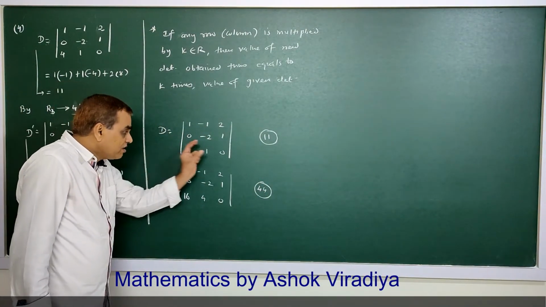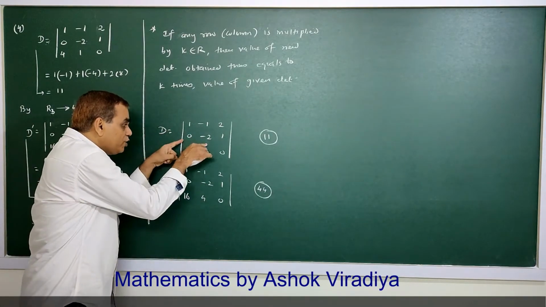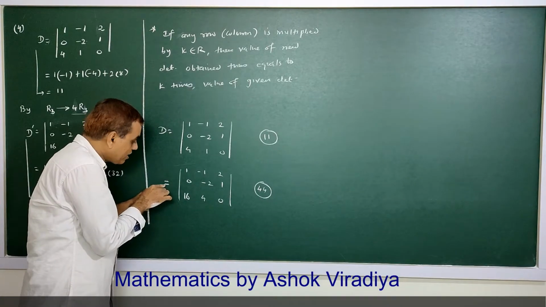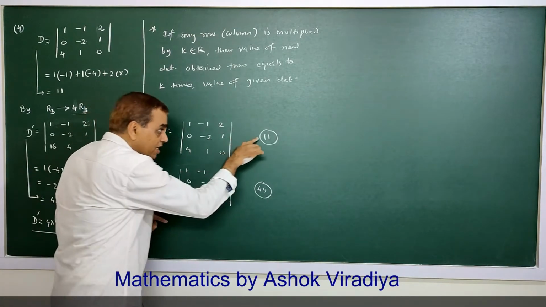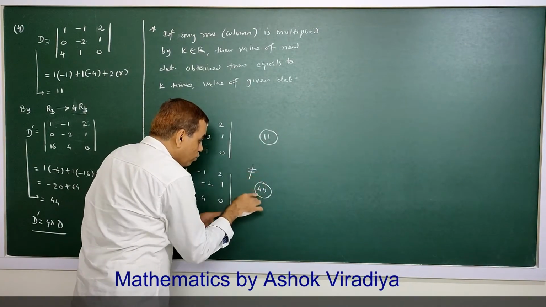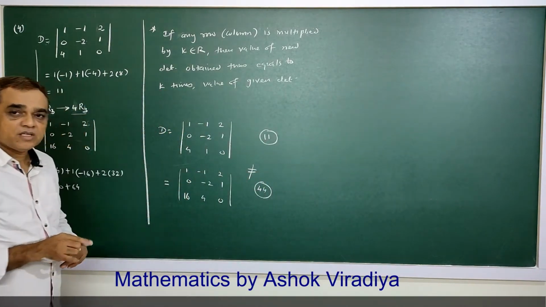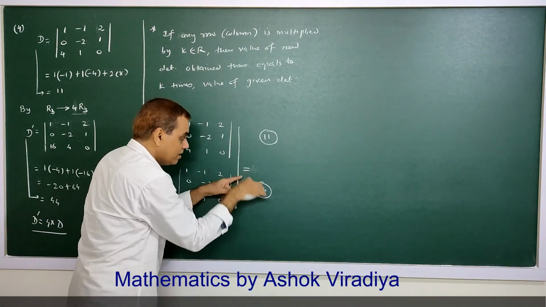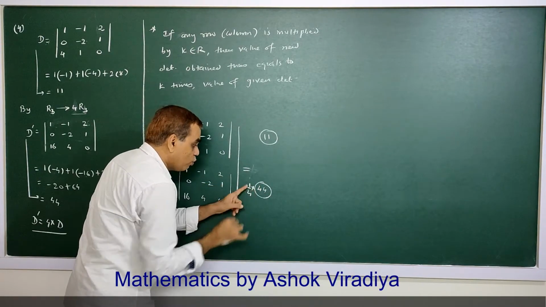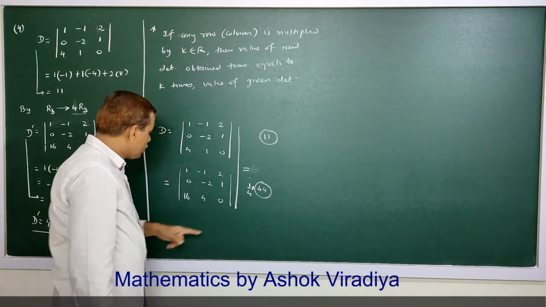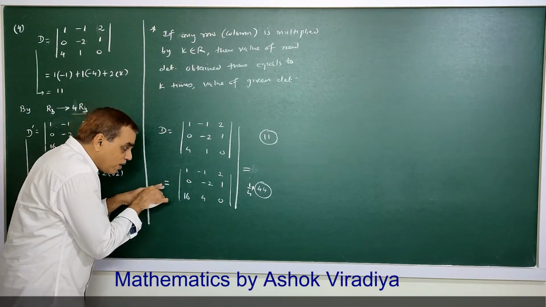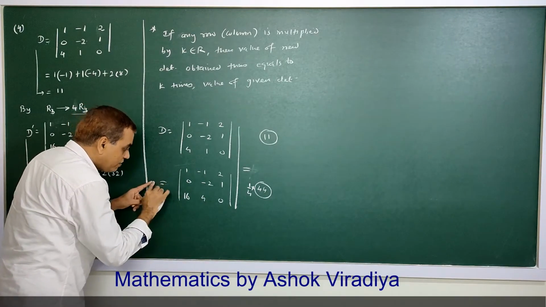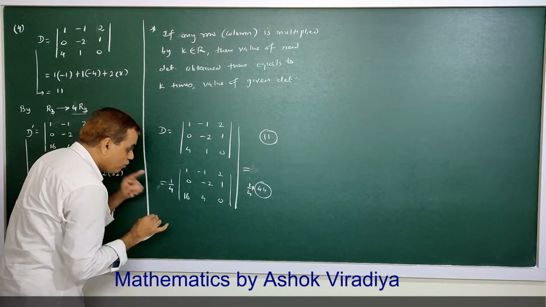So multiplying the third row by 4, now this value I cannot connect by the sign of equality. Here I am not allowed to put this sign because 11 is not equal to 44. If you want to join them by the sign of equality, then I have to multiply by 1 upon 4. So the sign of equality is allowed if you divide this by 4.